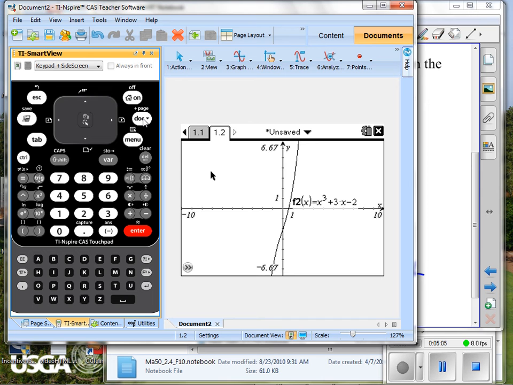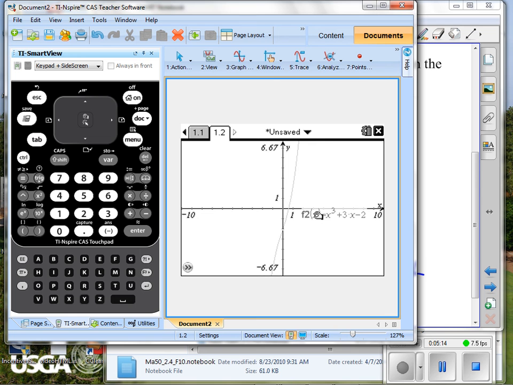The graph crossing that input axis is also a guarantee that if it's continuous, which I know it is, it's got to have a value where its value is right there.